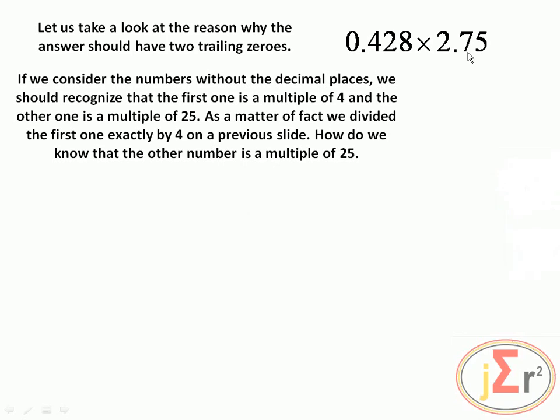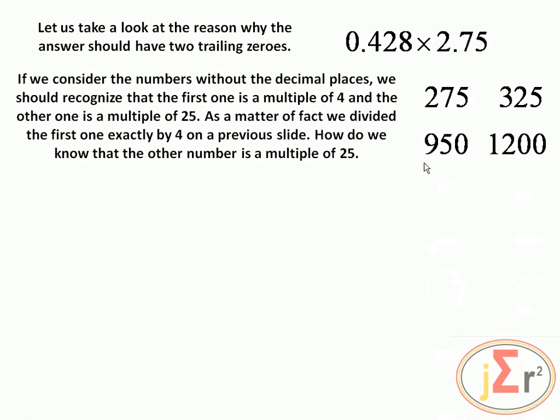Which is this one. How do we know that 275 is a multiple of 25? I'm reminding all that we are treating the numbers as if they do not have any decimal point.